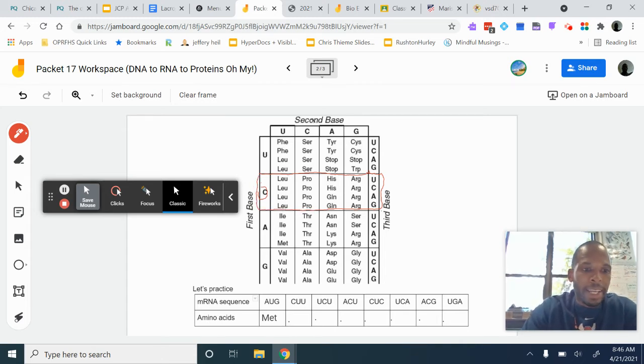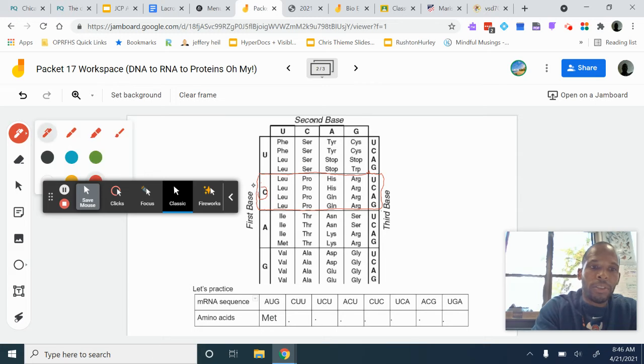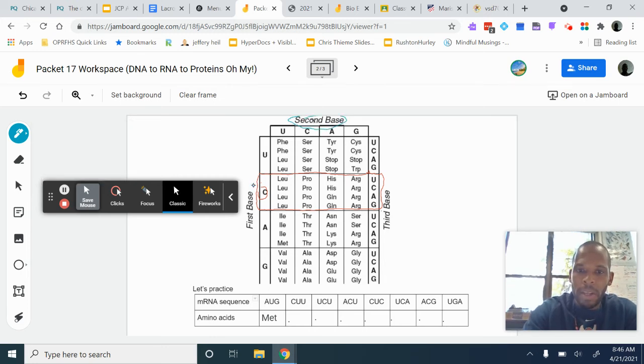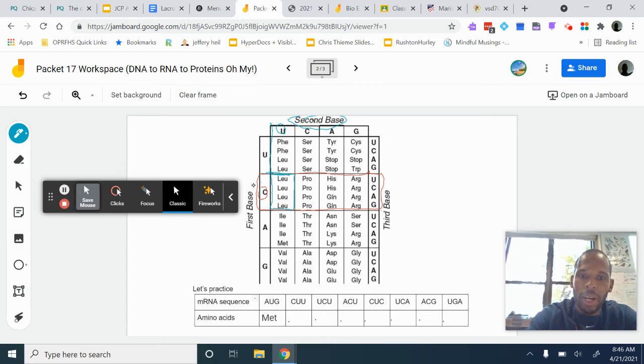Okay, next I have my U. I got U. So I know I got to find second base over here. So here's my U. I know my answer now, because my U is here on second base. It's going to be somewhere in this box right here. This is where they meet up.